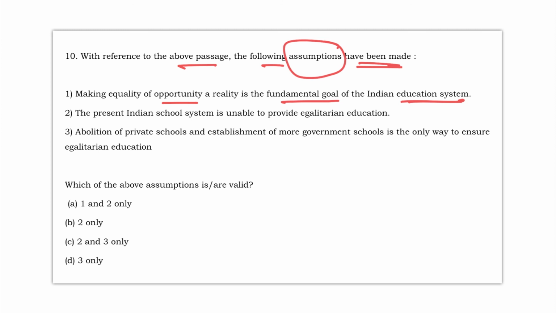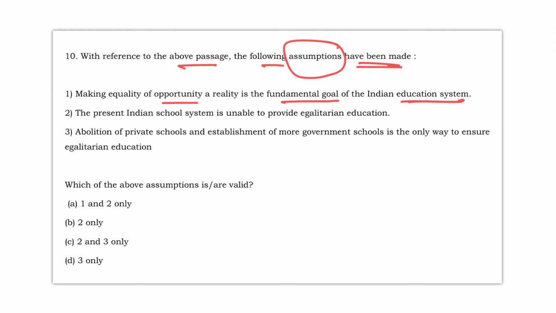See here, friends, in the initial one or two sentences of the paragraph, access to schooling for those coming of school age is close to universal, but access to quality exhibits socio-economic status. Okay, so the importance on quality has been given here, as well as in the later part of the paragraph, the idea of an egalitarian education system with equality of opportunity as its primary goal appears to be outside the space that private school principals inhabit.